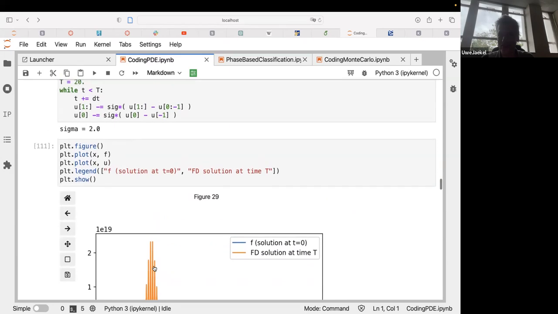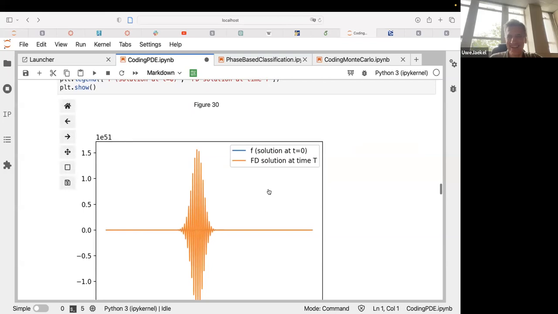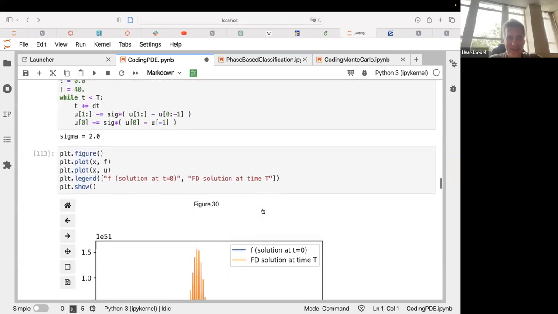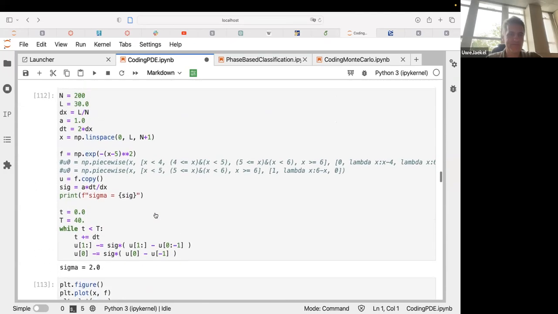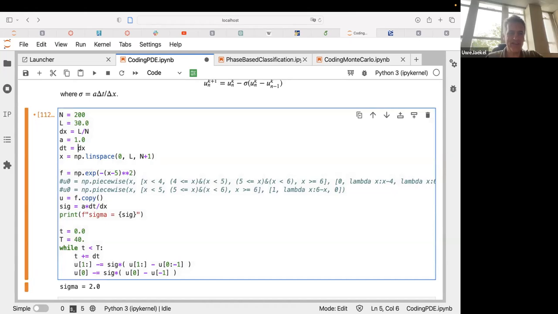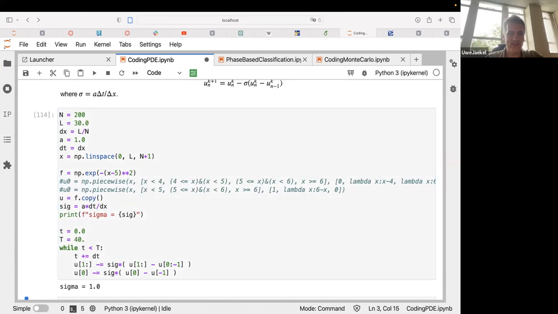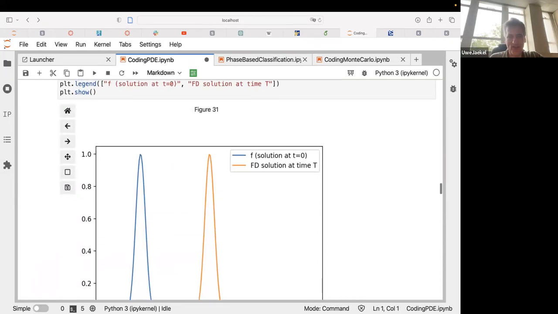So these are huge, and it will get worse and worse if we make more time steps. Here, at t equals 40, we would have 10 to the power of 51. So this is a bad idea. You cannot make sigma larger than 1, and sigma equals 1 hits the sweet spot.